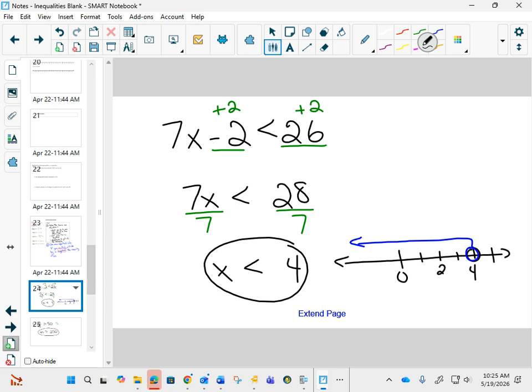Plug in 5. What's 7 times 5? 35. Minus 2? 33. Is 33 less than 26? No. Notice all the numbers to the right of 4 don't work, and all the numbers left of 4 will work.